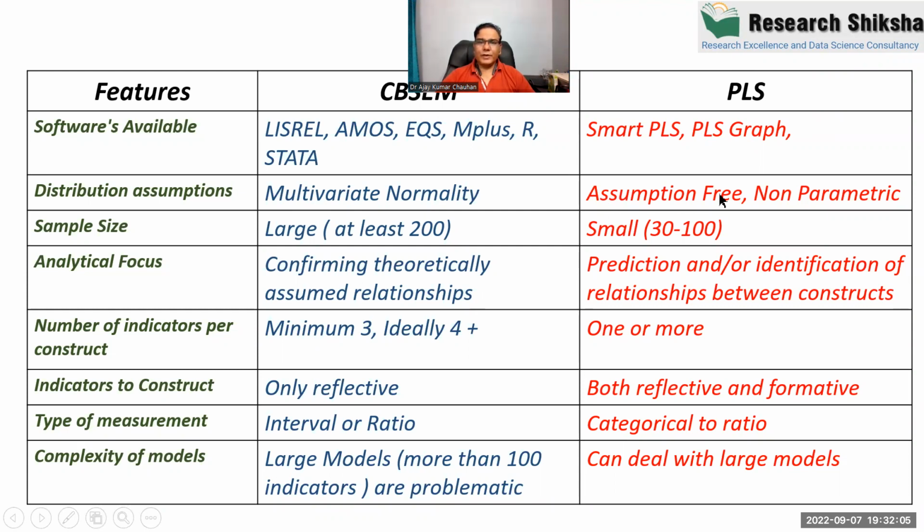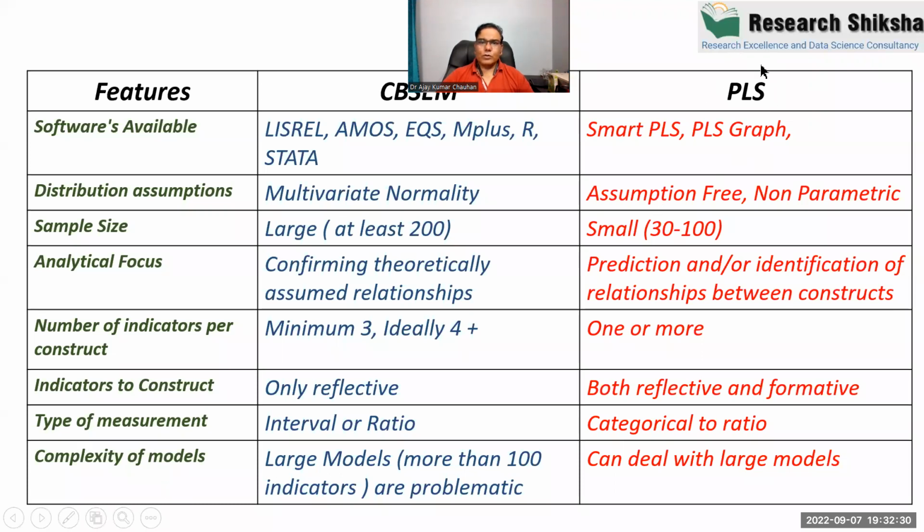It is assumption free, and because of this, research scholars also call it non-parametric SEM. So we don't have any normality assumption in PLS. It is one of the benefits that even if you have a small data set, even if you have a non-normal data set, you can apply PLS-SEM.